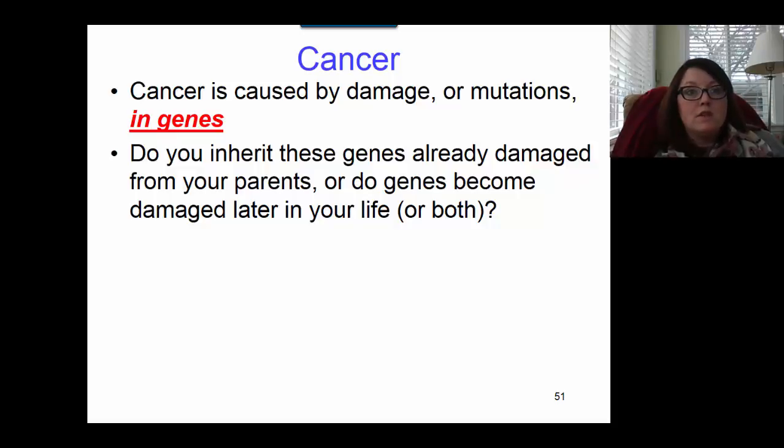So we say that some cancers are inherited and some cancers are acquired. In reality, a lot of times it's both coming together that results in the process of cancer. But no matter what, all cancers are genetic because all cancers are caused by damage to genes. It's actually the genes that make the proteins that regulate cell division that get damaged to cause cancer.